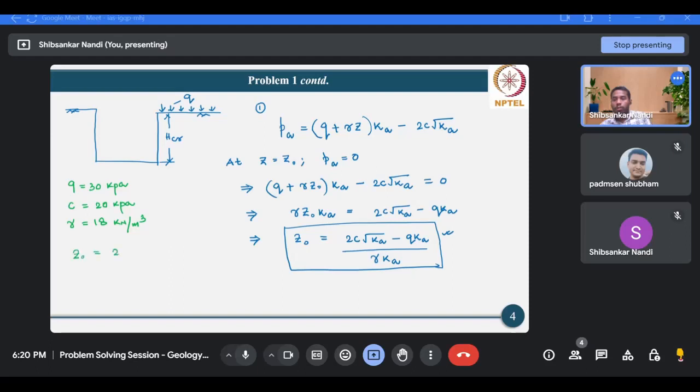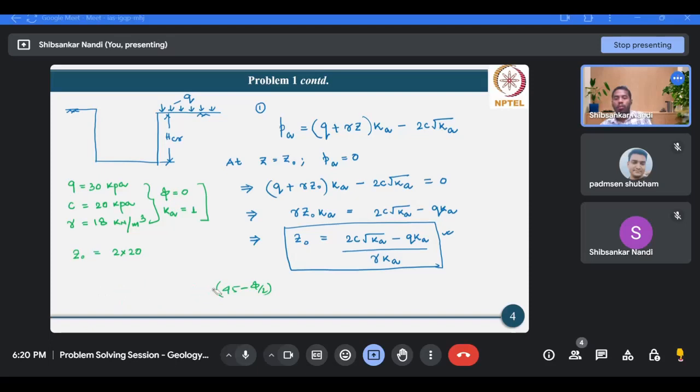Therefore Z0 is 2 into, and one more thing, since phi equals 0, it's a purely cohesive soil case, so Ka will be 1. Because K equals 1 minus sin phi by 1 plus sin phi, or tan square 45 degree minus phi by 2. So if you put phi equals 0, the K value will be 1.